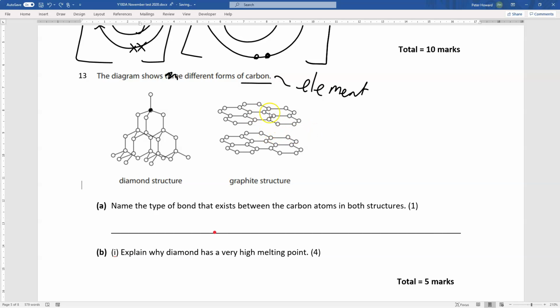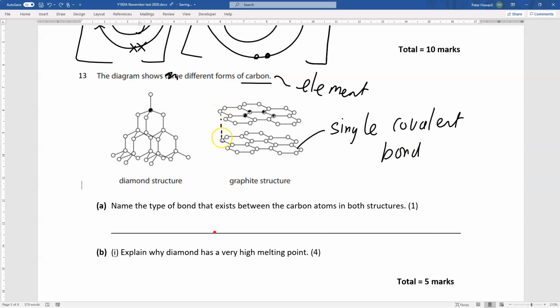We've got graphite here. Again, we can see carbons, and if you look at lots of carbons, they're forming 3 bonds, which is true. Graphite has 3 bonds per carbon, and diamond has 4 bonds per carbon. Again, in both diagrams, we can see solid lines. It's a single solid line, so this represents a single covalent bond.